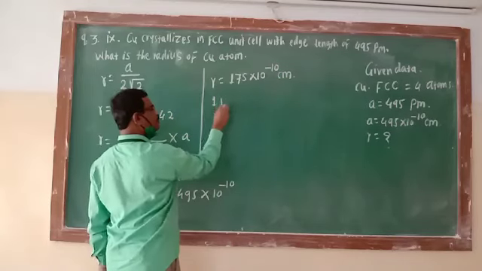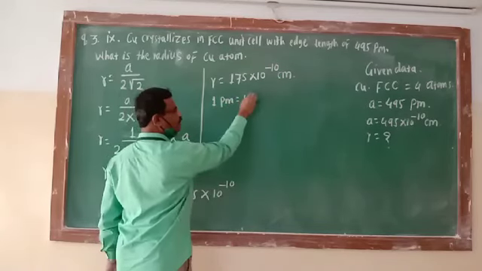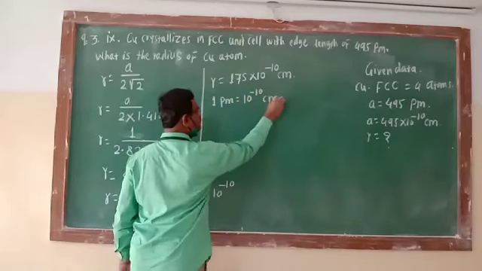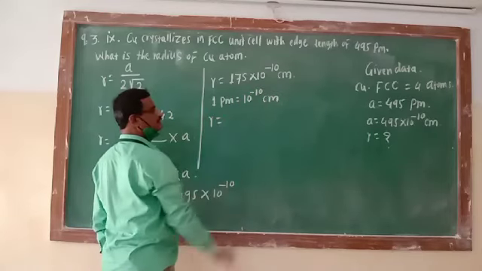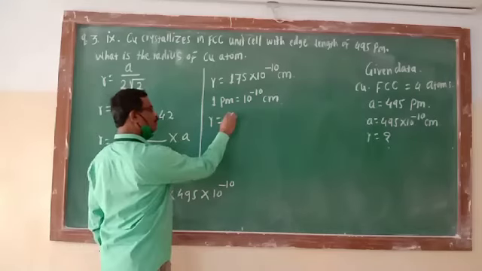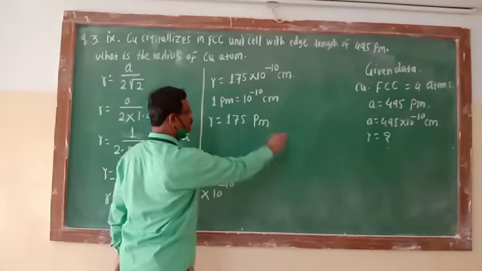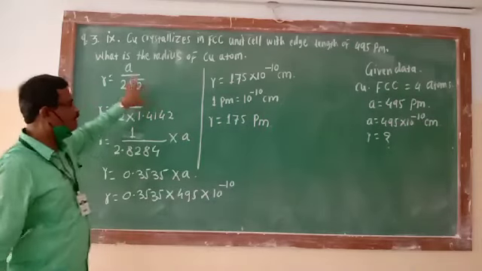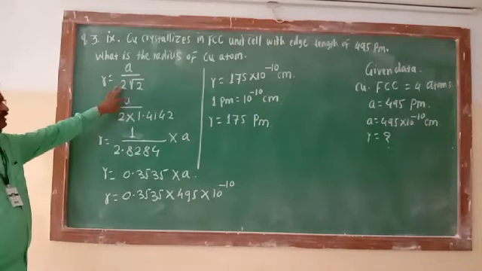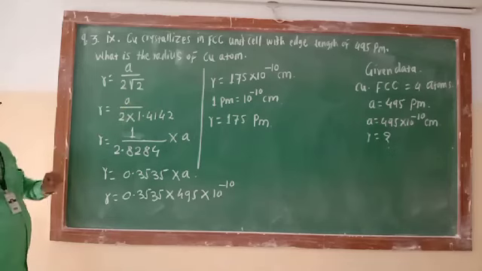Since 1 picometer is equal to 10 raised to minus 10 centimeter, therefore the radius in picometer will be equal to 175 picometer. This is how the problem is solved. Very simple. Given data, a is given.